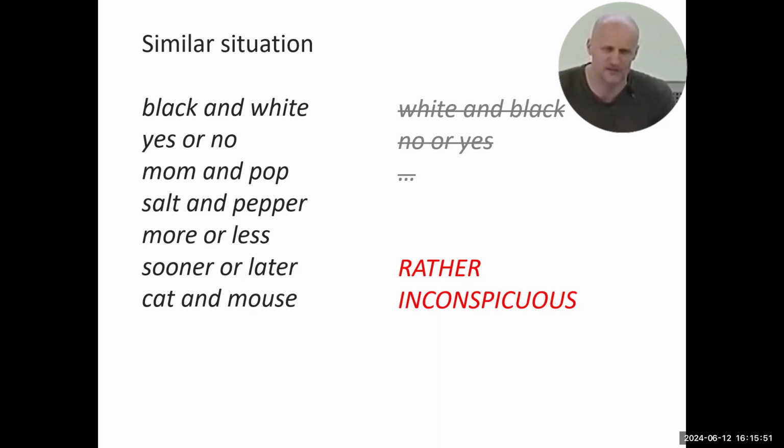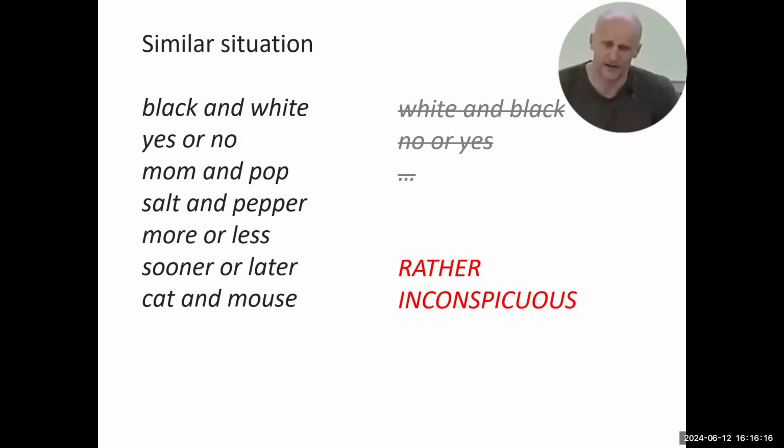People don't say no or yes. 99% of the time, we say yes or no. Mom and pop rather than pop and mom. Salt and pepper, pepper and salt. Now, pepper and salt is not ungrammatical. It is possible to find instances of pepper and salt, but they're a lot less frequent than salt and pepper.